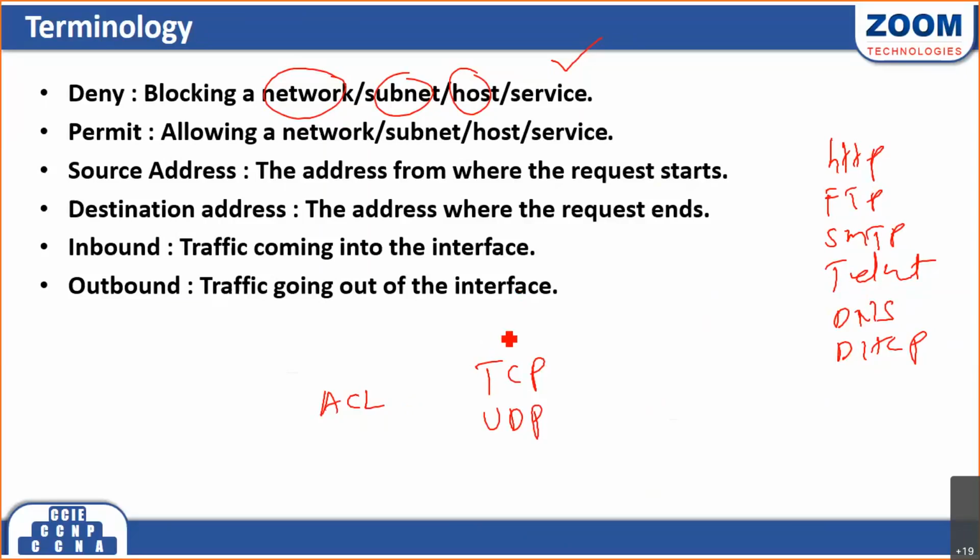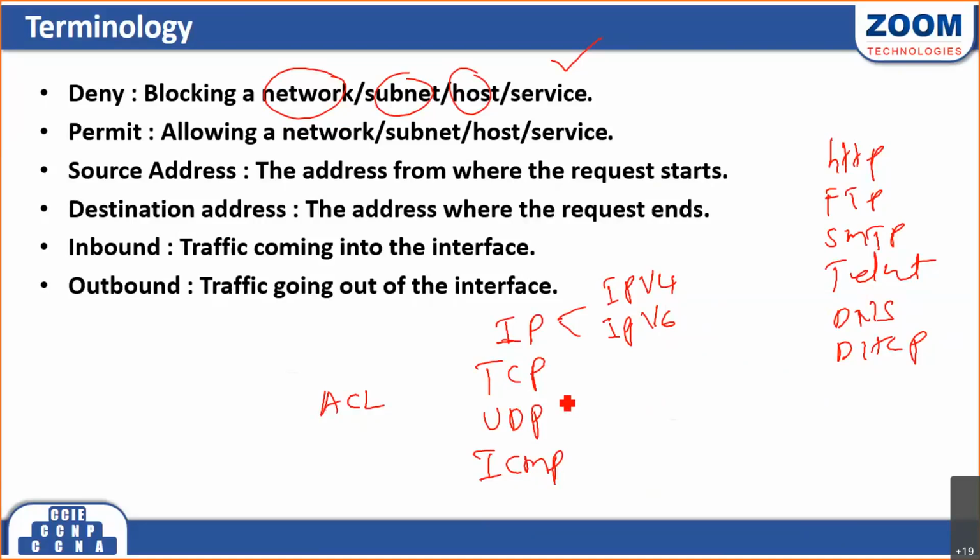Not only TCP and UDP, ACL can filter IP traffic and ICMP traffic also. IP traffic means IPv4 users, and the traffic of users with IPv6 can also be controlled. TCP and UDP services can be controlled. But suppose one user is not using my FTP server or any services, but is continuously sending ping traffic.